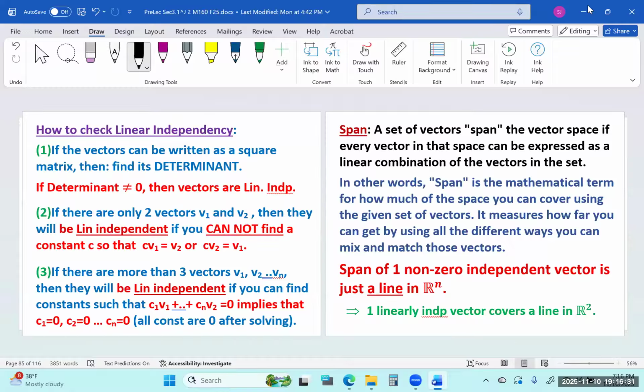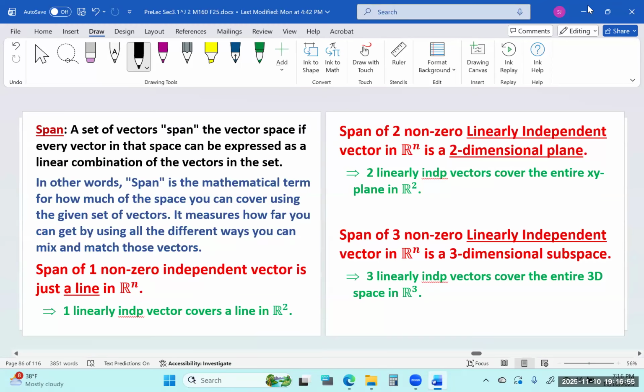So one linearly independent vector is a line in R2. Again, I'm going to ask these questions as multiple choice. What's the geometric shape for the span of one vector in R2 or R3? What's the geometric shape for the span of two vectors?